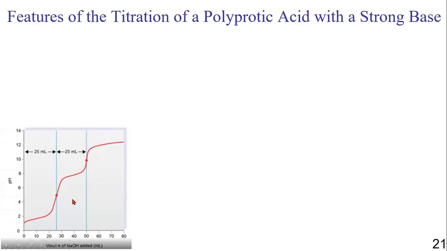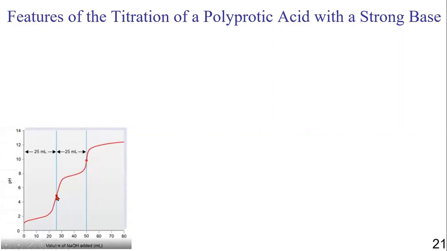Actually, in particular, just looking at the graph, we can say that this is a diprotic acid. Why do we say that? One, it's because we're starting at a low pH, so likely it is acidic, or it's definitely acidic, and the pH is increasing.